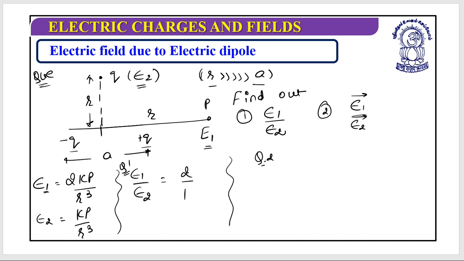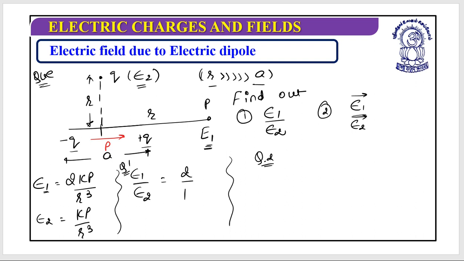Now what is question number 2? It's the vector ratio E1 to E2. I know that the direction of the field at the axial position is the same as the direction of the dipole moment. If I mark the directions here, this is the direction of the dipole moment.